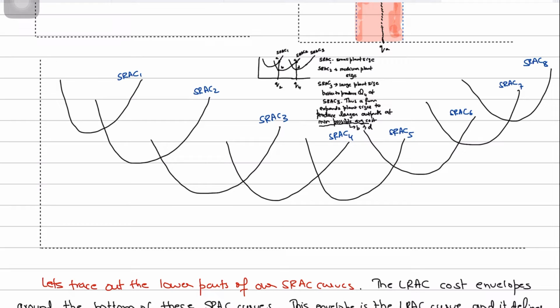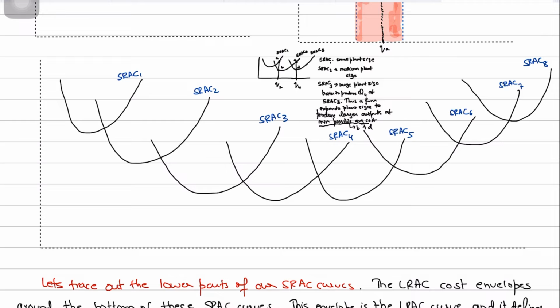A simpler way to put it, since different level of capital sounds a bit more technical, is a smaller plant size versus a medium-sized plant versus a larger plant size. So definitely, at SRAC 8, the plant size would be much bigger than the plant size at SRAC 2.